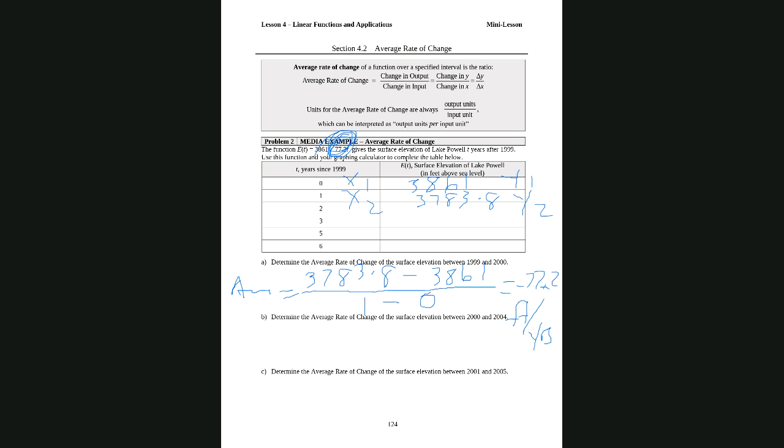And then you go to B, which also says find the average rate of change of the surface elevation between 2000 and 2004. 2004, I think, is right here. That's t equals 5. And then 2000 is here when t equals 1.